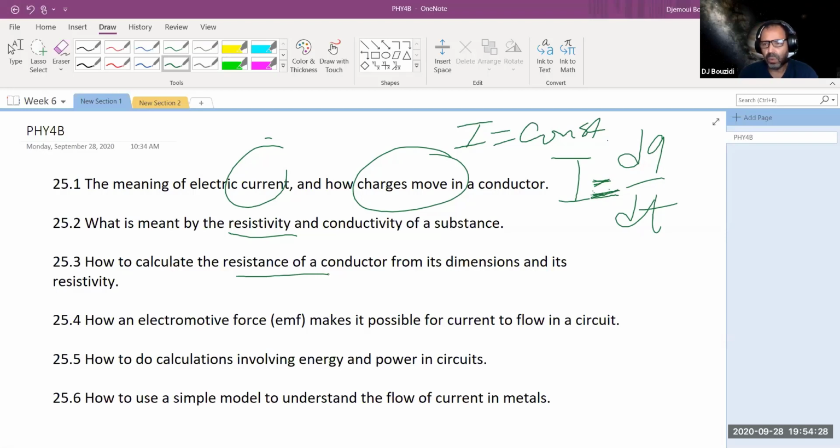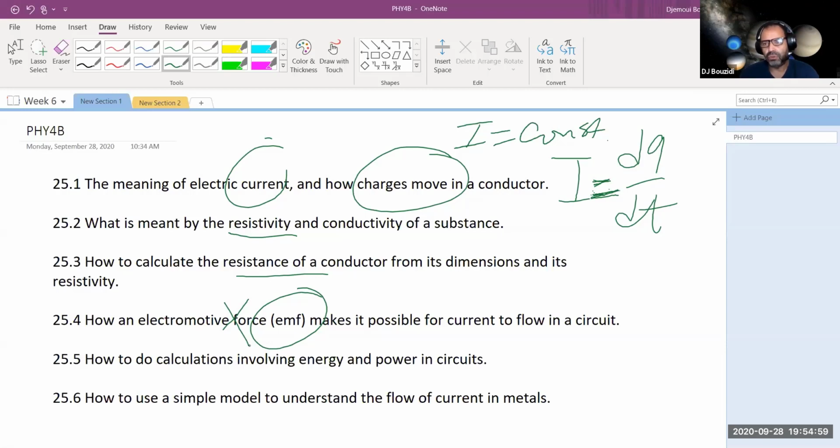And then we'll introduce a new concept, and that is the battery. The battery is characterized by a specific number, and that number is electromotive force. From the get-go, the word has force in it, but it's not a force. It's an energy, actually. The word is used, electromotive force, and it may lead you to think that you're dealing with newtons, but as a matter of fact, you're dealing with volts, which is joules per coulomb.